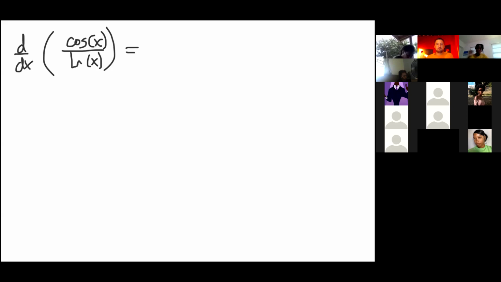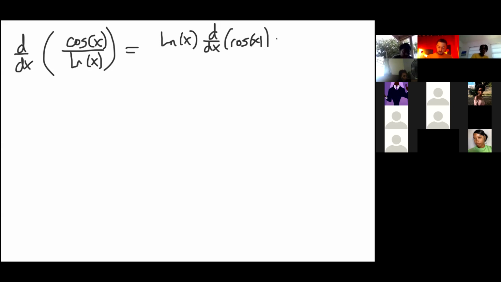So most of y'all did spot the derivative rule that you have to use, because I have cosine of x divided by natural log of x. And anytime I have the division of two functions and I'm taking the derivative of that, what rule do I have to use? Quotient rule. Yeah. So I'm going to have low d high: natural log of x times the derivative of cosine of x, the derivative of the top times the bottom, another way.